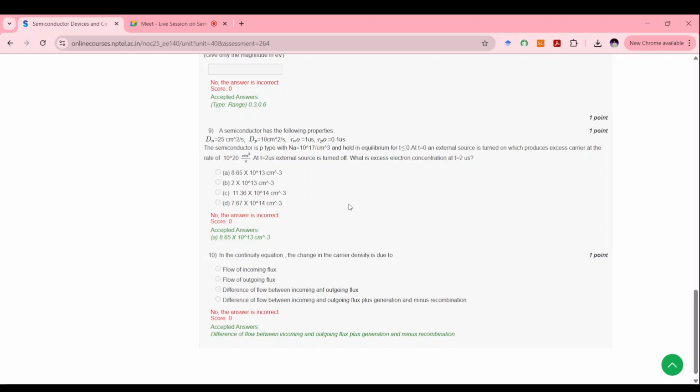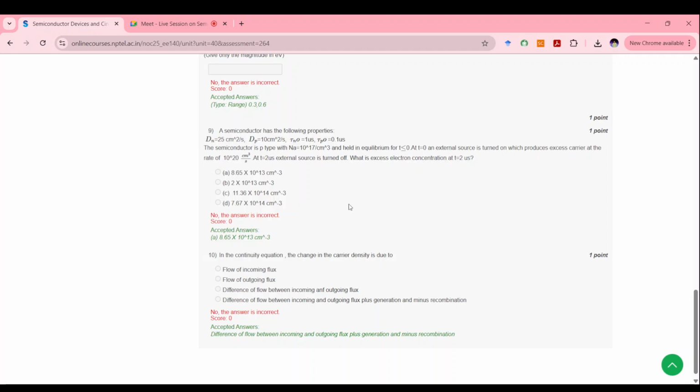The semiconductor is p-type with Na as 10 to the power 17 per centimeter cube, that is per cc, and held in equilibrium for t less than or equal to 0.